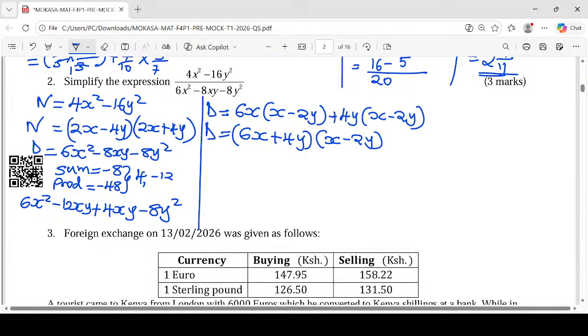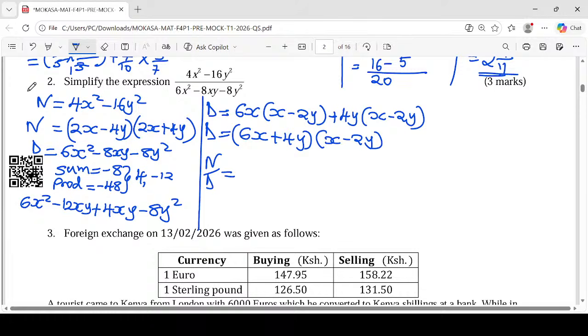Let's now write our fraction as numerator divided by the denominator. I want you to be very keen with this particular question, ladies and gentlemen.